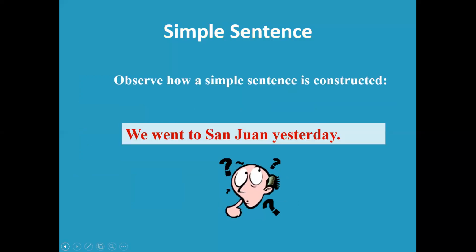Just take the example of this sentence. We went to St. John yesterday. In this sentence, we can easily understand pronoun we is the subject and the remaining part is the predicate.